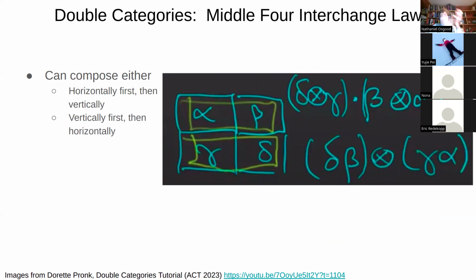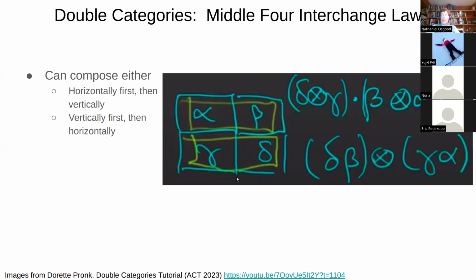And you can simplify things in different ways. An example would be this interchange law. If you have 4 squares, 4 double cells, you can do alpha and beta, beta after alpha, composed vertically with gamma after delta, using this external composition, this horizontal composition, this way.